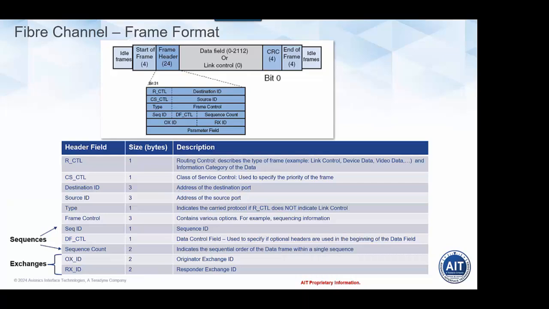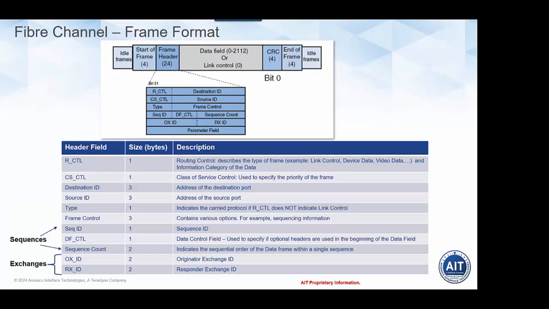Then the CS control, or class of service control, really specifies the priority of the frame. Fibre Channel has mechanisms built in where different data flows can be prioritized. So you can carry connectionless data or signaling data on the same network as something more time critical, like a video stream.